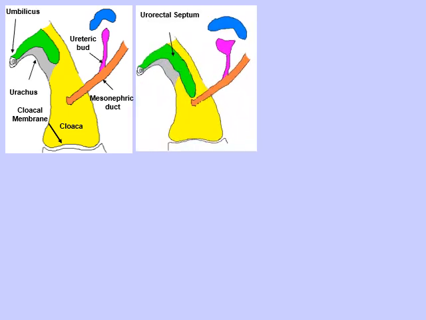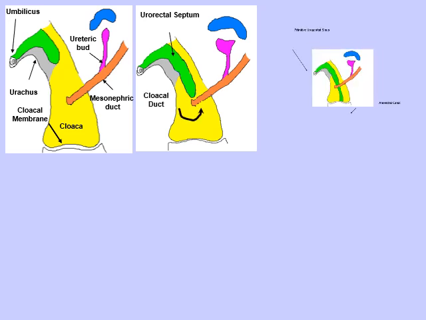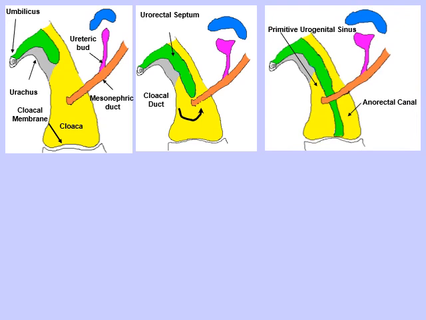This is the developing urinary system, mesonephric duct. The urorectal septum develops in the middle of the cloaca and starts to develop distally toward the cloacal membrane until it completely separates the cloaca into two parts.